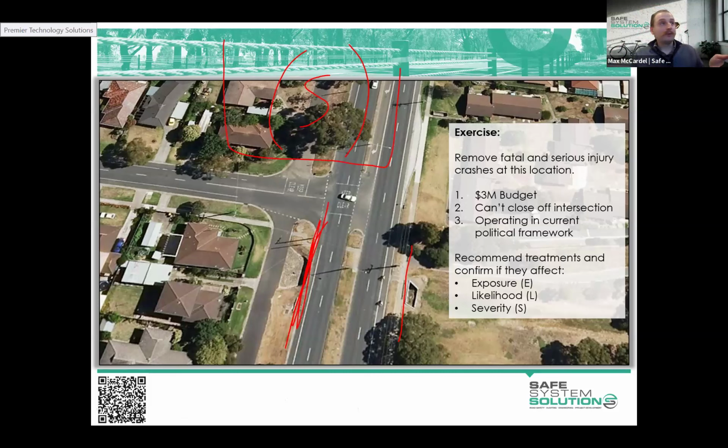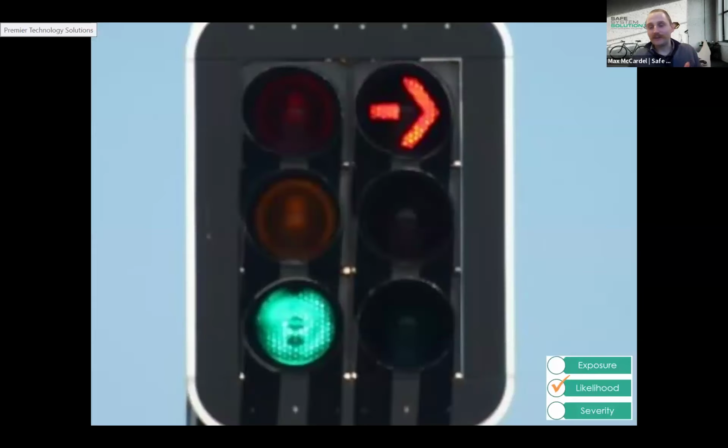I'm not going to be able to get through all of those comments, but I like what I saw. I'm just going to run through, I suppose, some of the common themes associated with treating this intersection. Traffic signals. Now, that was one of the first treatment recommendations that came through, which is fabulous to see.